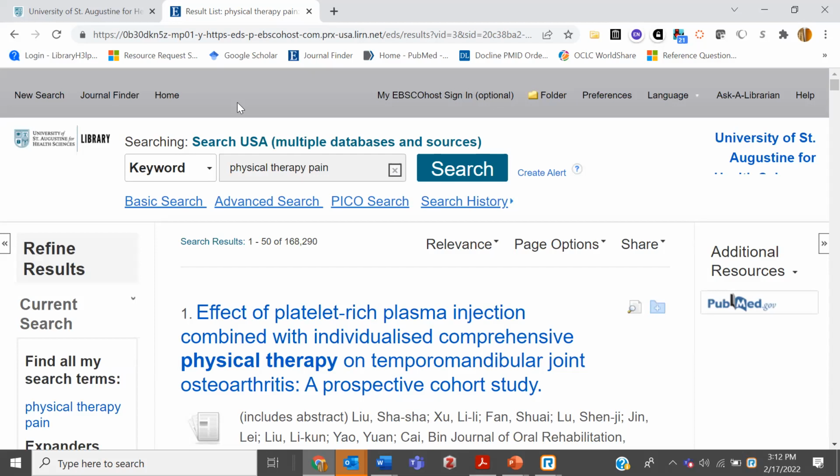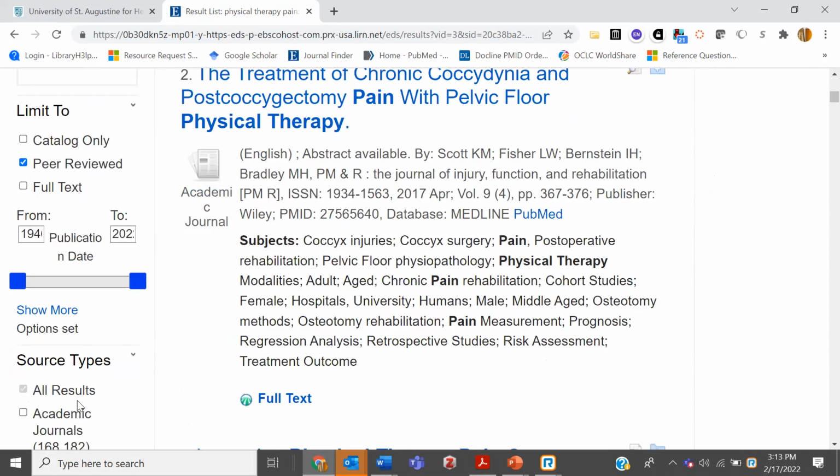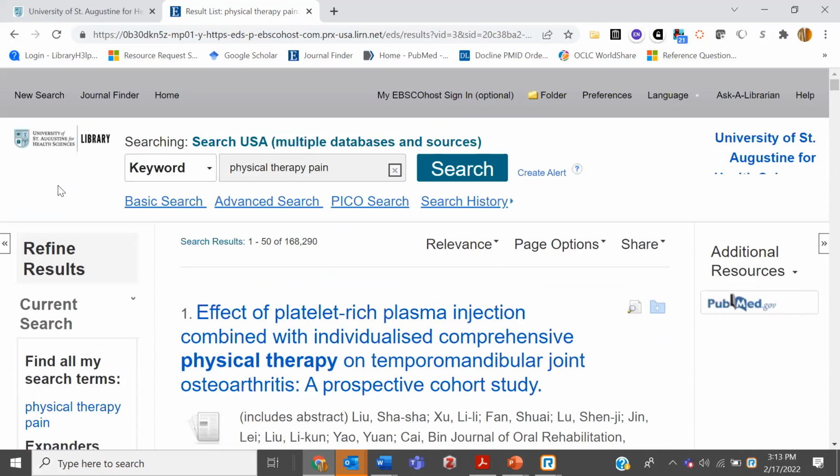We're going to get a lot of junk that's not necessarily relevant, from the depiction of pain in Western art to, who knows, emo poetry from the 19th century. They're very different definitions of pain, right? Or at least in terms of our clinical application. So selecting a database either through the Search USA content provider limitations that we have here, or just going directly into that database and searching is going to remove a lot of those less relevant results.